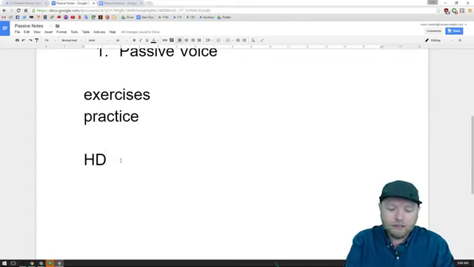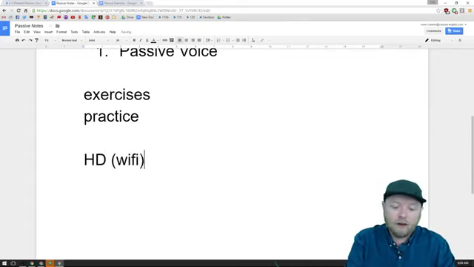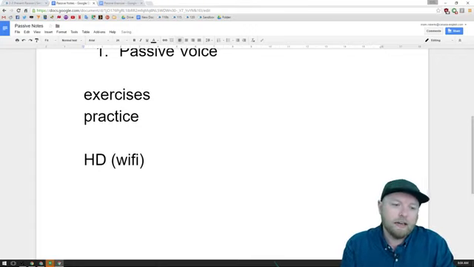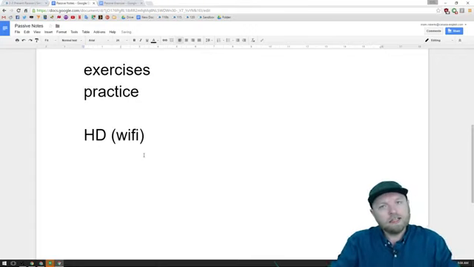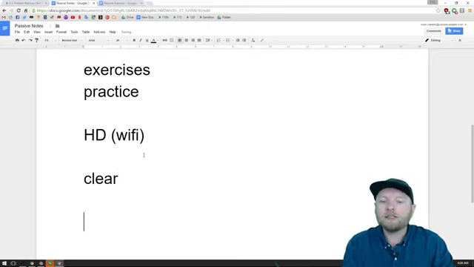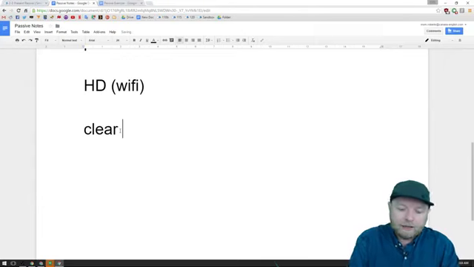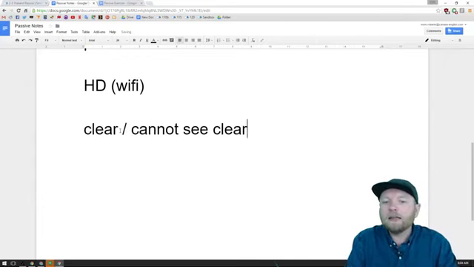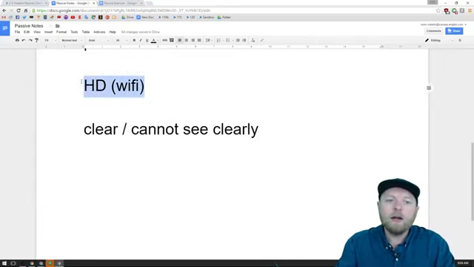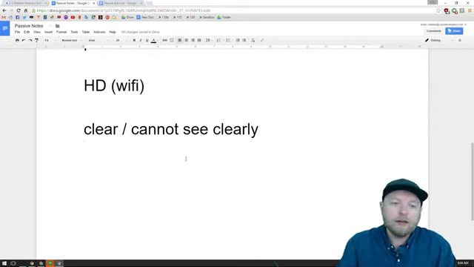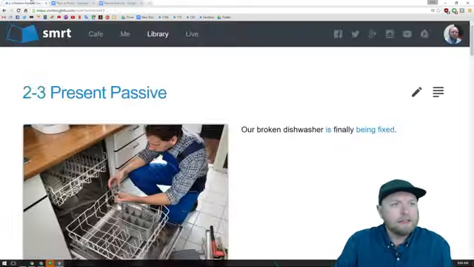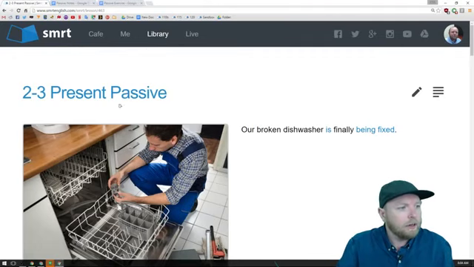But if you're using Wi-Fi, then try to use HD, because sometimes people say the exercises are not clear and they can't see clearly. Well, turn on HD if you can. Okay, so let's get started.